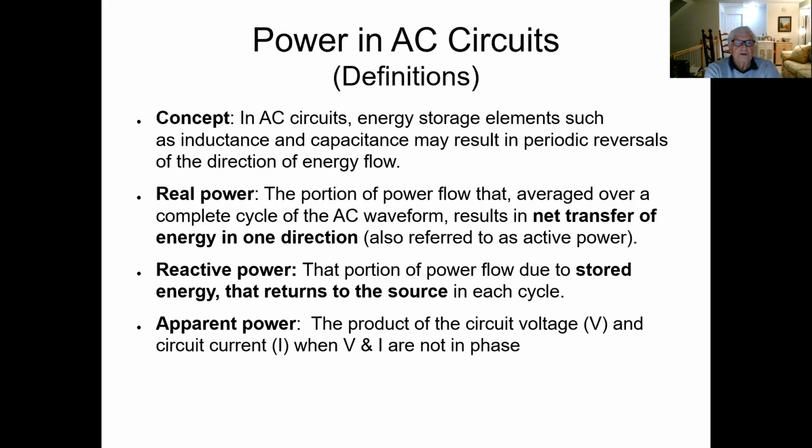So we have real power, which is that portion of the power that flows over a complete cycle of the AC waveform. So there's a net transfer of energy in only one direction. That's the active power. Then there's the reactive power, the portion that flows back and forth. And then the apparent power, which is the net effect of both of those.